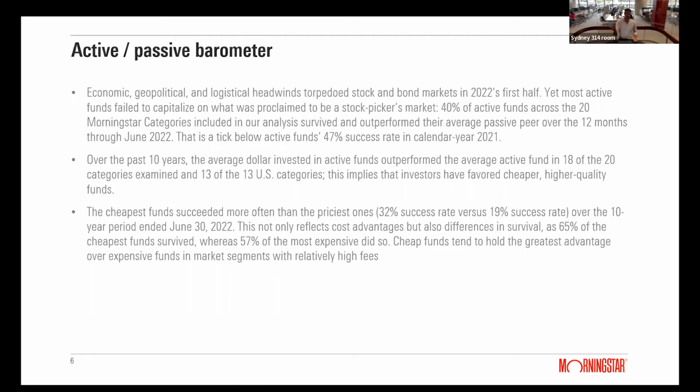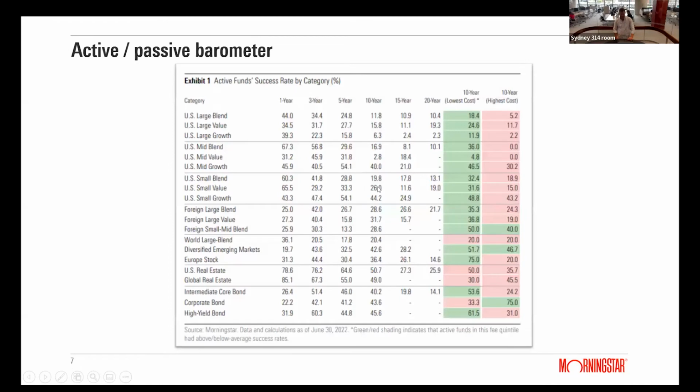So basically what it implies is that investors like cheaper, high quality funds. Which is interesting and important, and those cheapest funds actually do better. So when you're looking at how much you're paying in a managed fund, cheaper funds do better than more costly funds. So sitting there and looking at that fee is important.